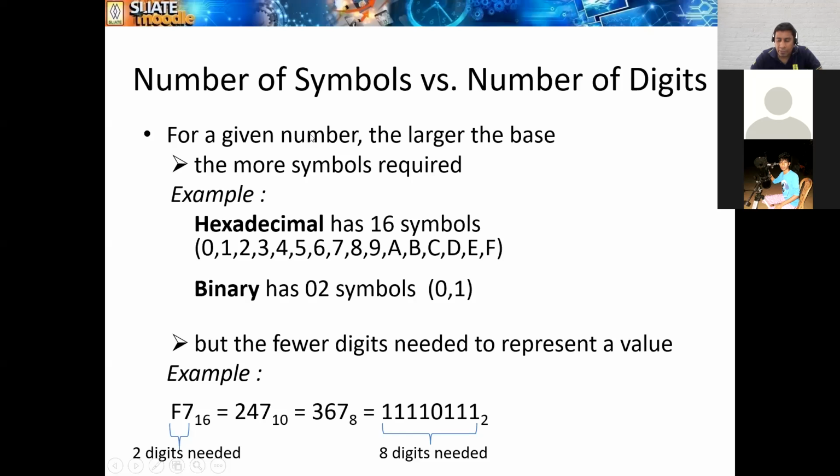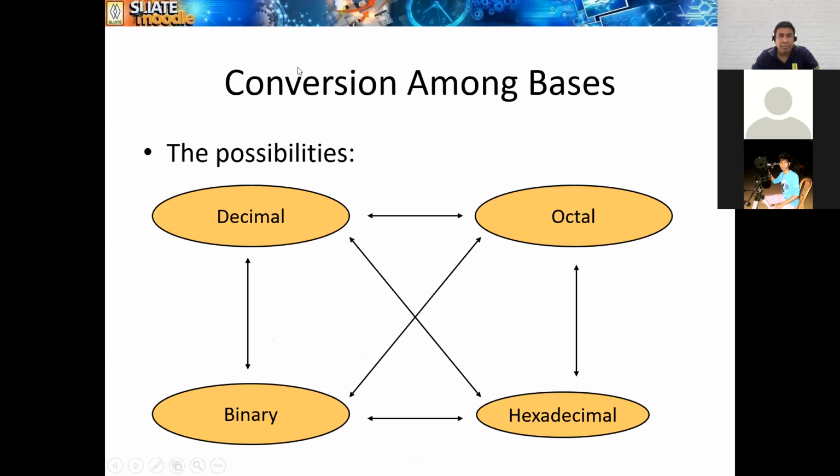Therefore, according to the numbers, the complexity, the 2 digits is necessary, and sometimes we have to go for 3 digits in octal, but again you have to convert into the binary. There you can go for the 8 digits. So the conversions among bases, this is okay.